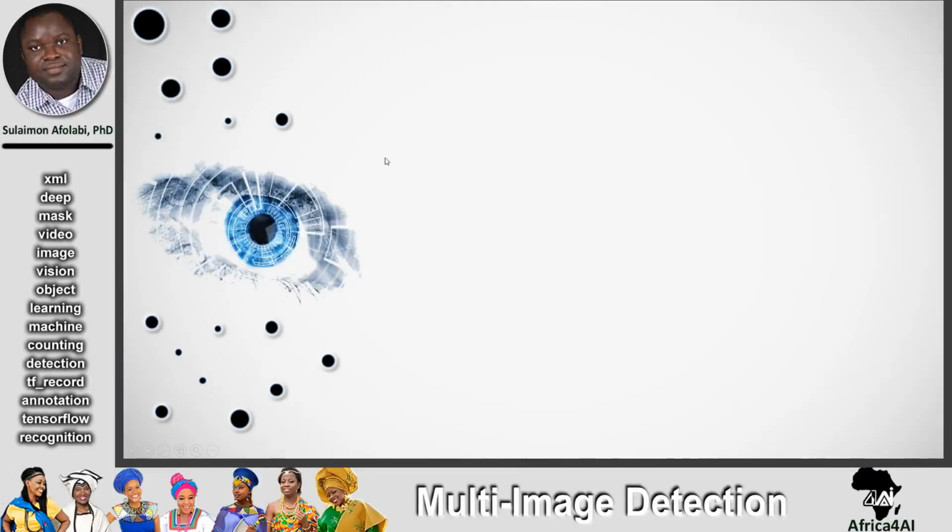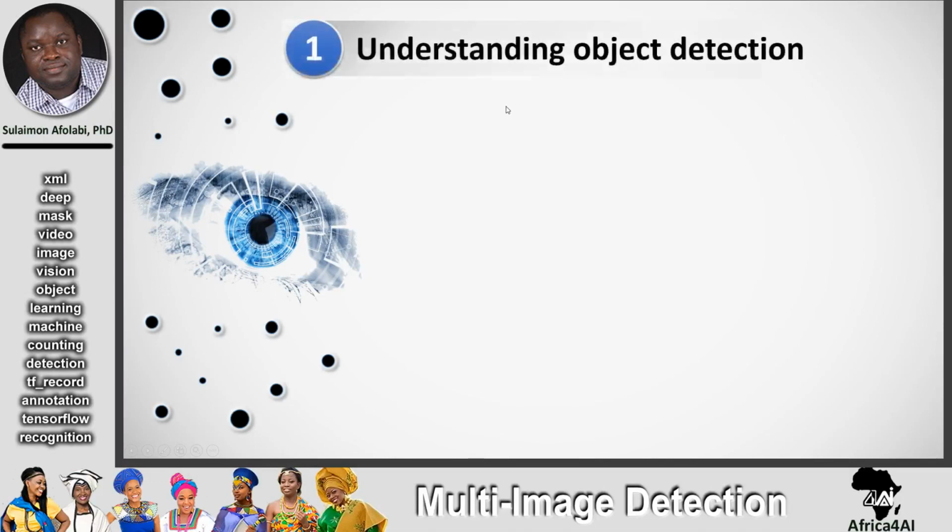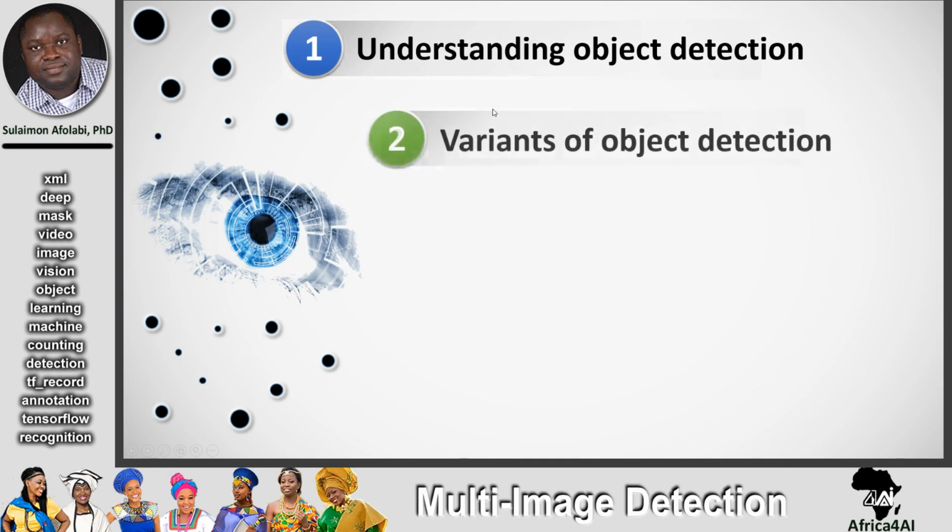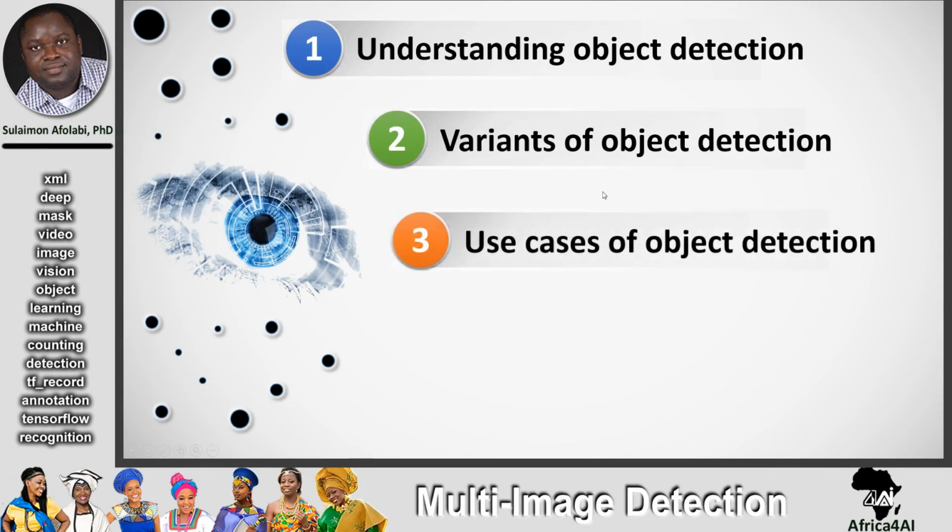Alright, so here are the points that we are going to be looking at as this tutorial progresses. Number one is understanding object detection. Number two, I will take you through variants of object detection. Number three is use cases of object detection.